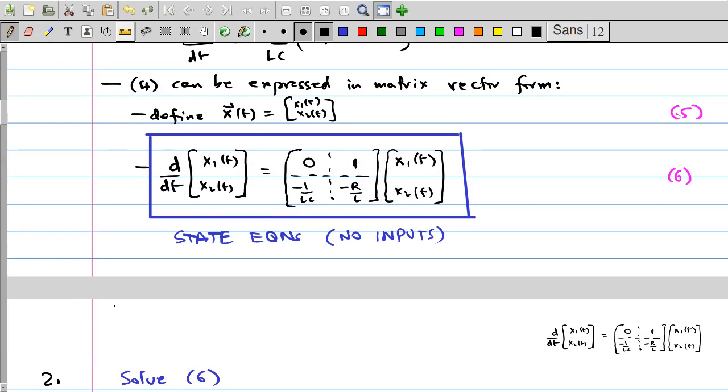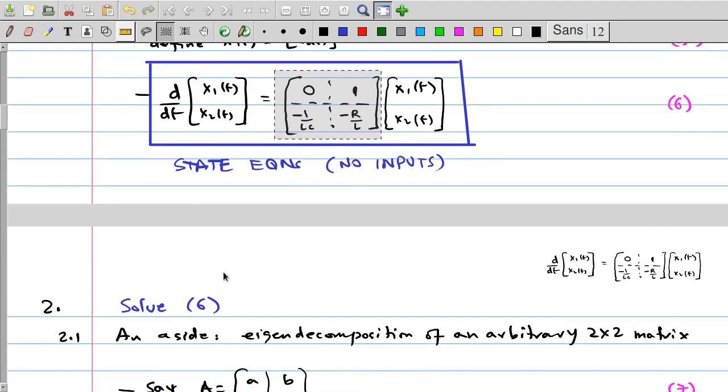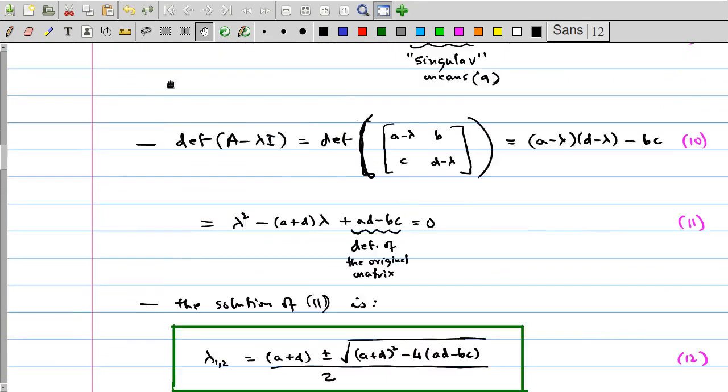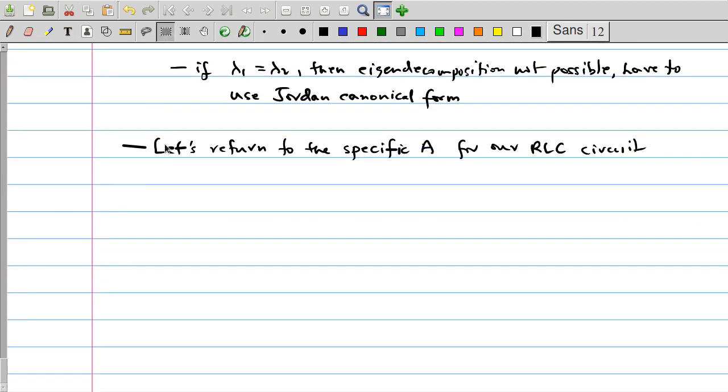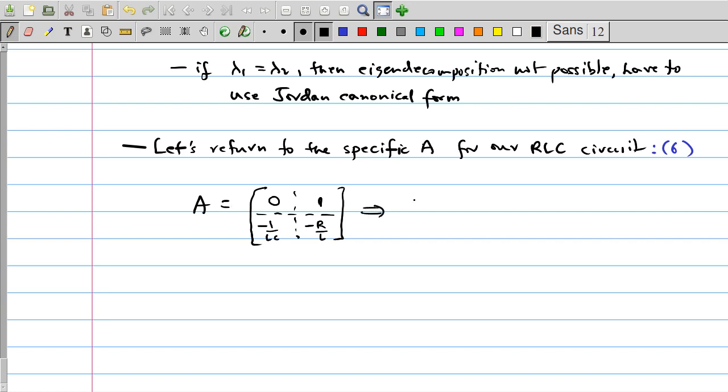So A is equal to this, which means that small a is equal to 0, small b is equal to 1, so we won't run into that problem here anyway.